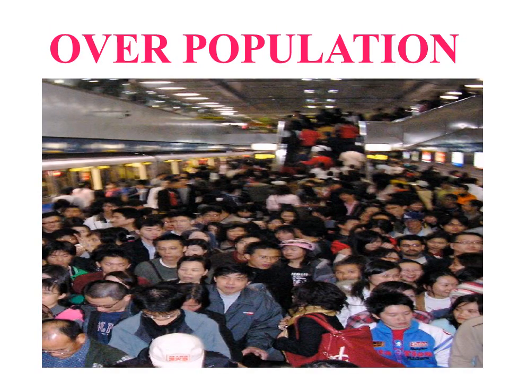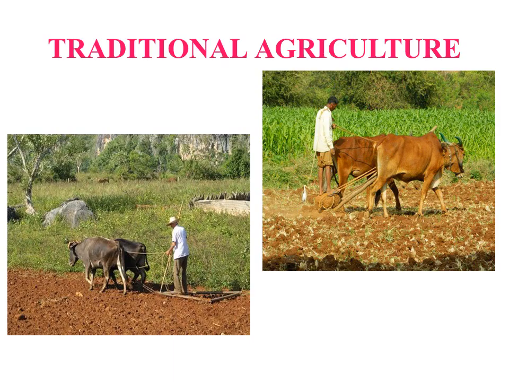Overpopulation, another serious problem the world needs to deal with. Of course, overpopulation is the condition of being populated with excessively large numbers. You can see in the picture. Traditional agriculture.